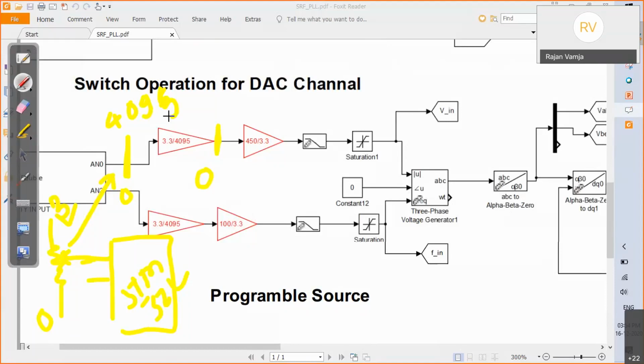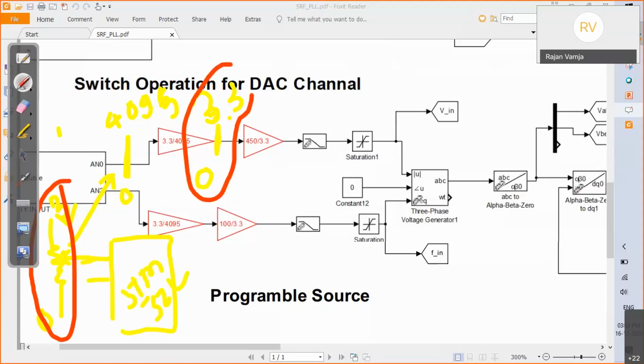Here we will again get the big value, the same value, whatever value we are changing outside, we can have inside the controller.